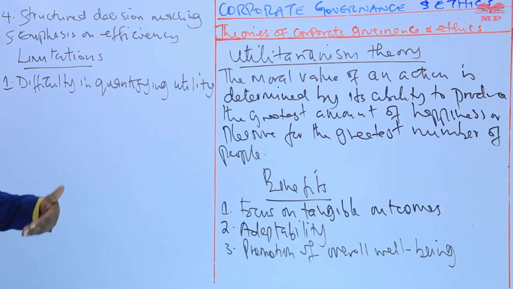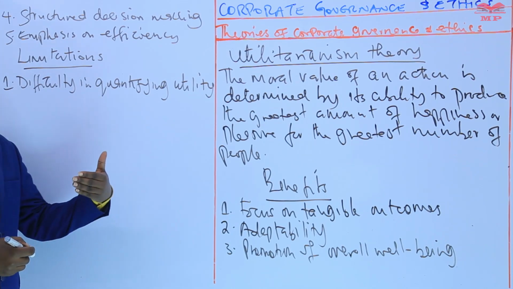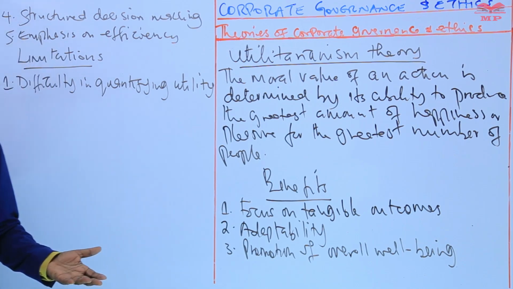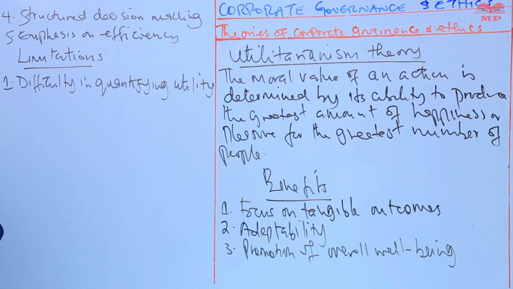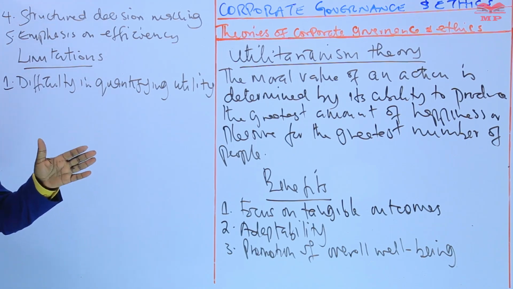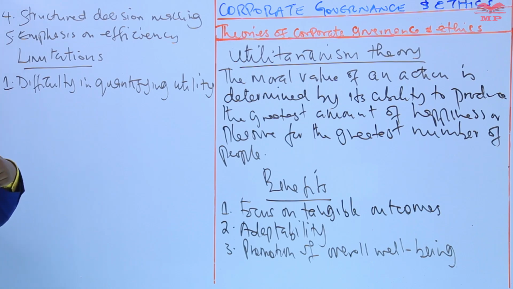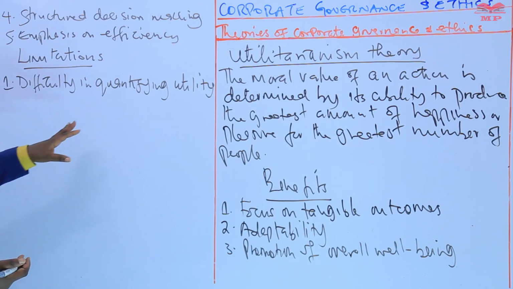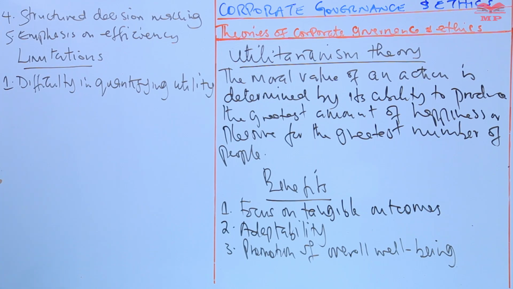Assigning objective values to happiness or assigning values to well-being can be challenging, making it difficult to accurately assess the overall impact of a decision, especially when considering diverse stakeholders with varying preferences and so on. So it is not easy to quantify utility. Quantifying utility is a challenge as far as utilitarianism theory is concerned.